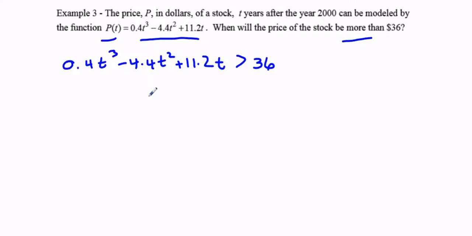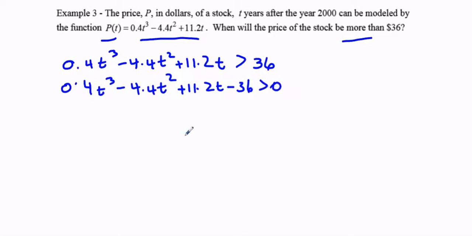Okay, so now I'm going to move the 36 to the other side because, of course, when we're solving, we need to have 0 on one side because we're finding the zeros, remember? Minus 36 is greater than 0. Okay, so now I need to factor this.